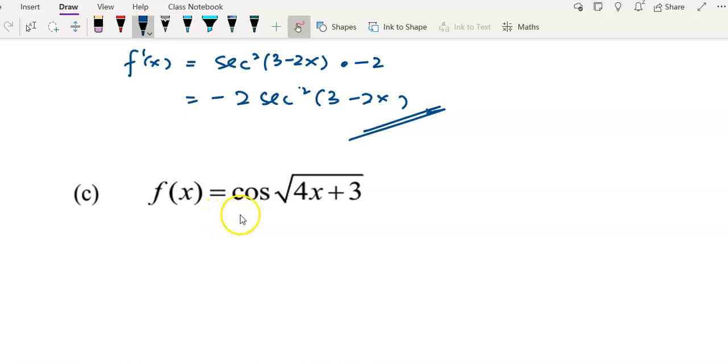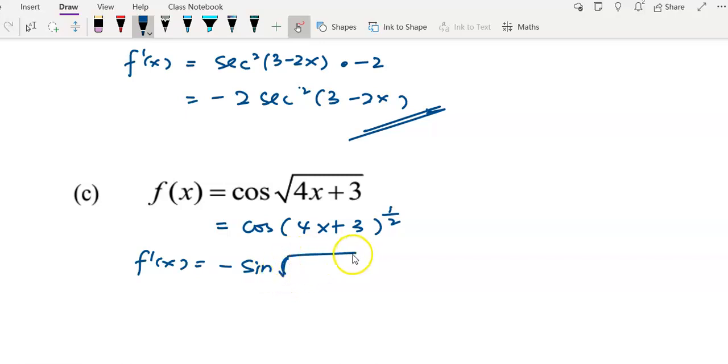For this question, I will rewrite this f(x) as cos of (4x plus 3) to the power of 1 over 2. It means that my outer function is cos and my inner function is (4x plus 3) to the power of 1 over 2. So we start to get your f prime x. Set your outer function as cos, meaning that you need to differentiate cos first, you get negative sine. Then here I will just replace the power of 1 over 2 with square root.